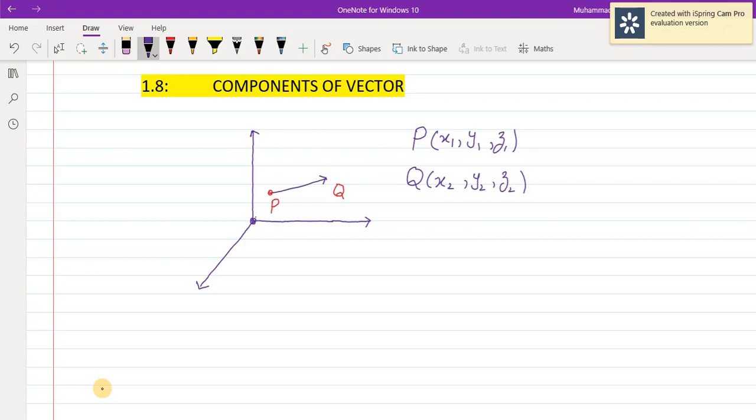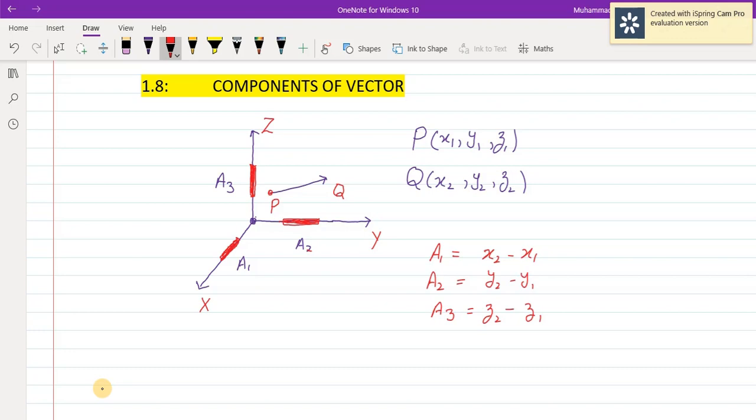I am drawing here in red color. Then the numbers A1 equal to x2 minus x1, A2 equal to y2 minus y1 and A3 equal to z2 minus z1 are called rectangular components. In fact, these are images of vector A on three axes, x-axis, y-axis and z-axis.